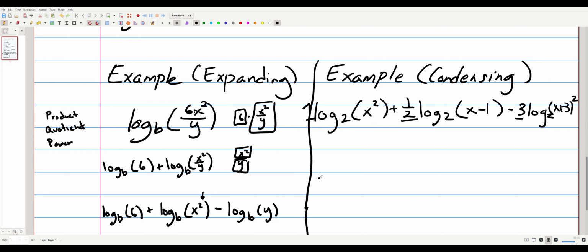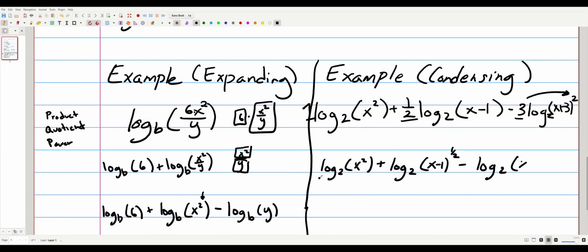And well, since this is a 1, there's really not much to do here, so we're just going to have log base 2 of x squared plus, and so we have a 1/2, so we can change that to the power, so log base 2 of x minus 1 to the 1/2. And then this 3, we want to also push this to a power, but we have a power, so we're moving a power and we're multiplying a power, so we're going to get minus log base 2 of x plus 3 to the 6th, right?